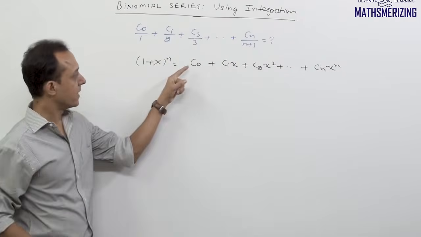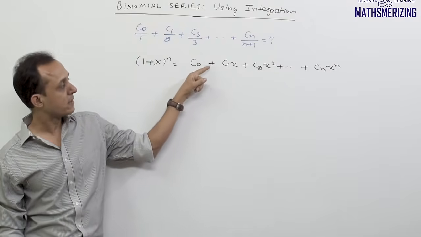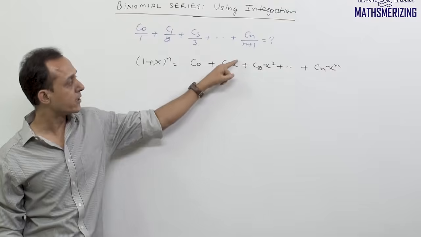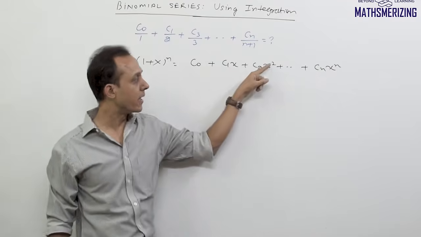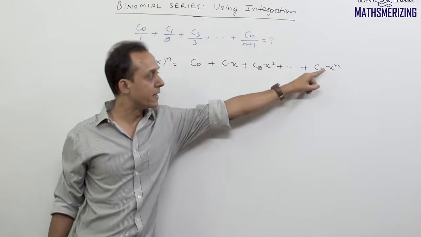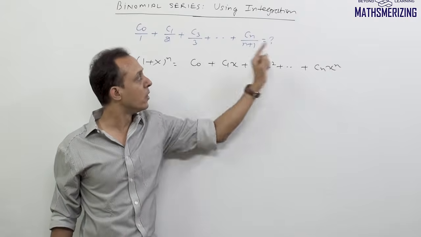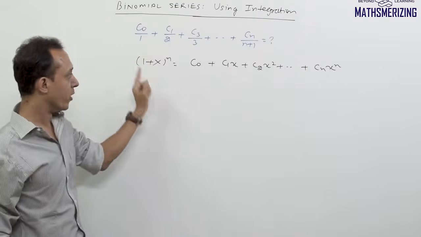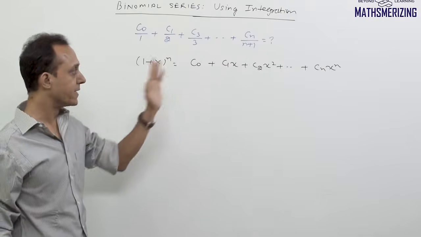Now in this case, if I integrate C0, then I'll get C0 into x. If I integrate this one, C1 into x square by 2. So I'll get C1 by 2 into x square. If I integrate x square, I'll get x cube by 3. If I integrate x to the power n, I'll get x to the power n plus 1 upon n plus 1. So the coefficient that I need in the denominator, I'll get it from integration. So I'll integrate both left hand side and right hand side.